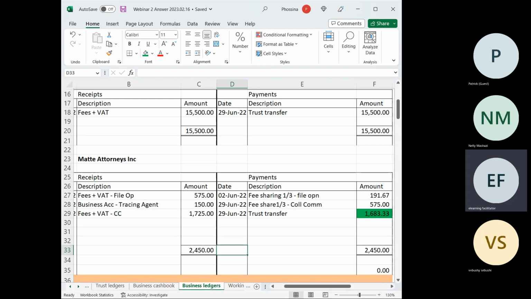We can take a break. This is 12 past 5. We can take a break and then come back, say at 20 past 5. And then if you've got any questions, or if you want me to explain further, then I can explain further.